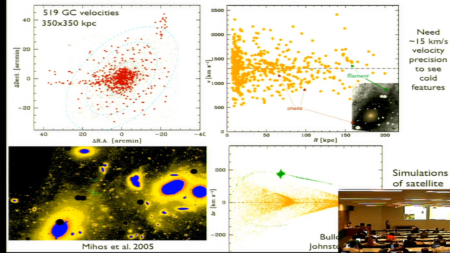And just down here I've put a standard simulation that shows that chevrons like this are a classic signature of a satellite coming in, passing through the center of the galaxy potential, stopping, reversing, coming back out again. So these shapes are a classic signature of satellite accretion.